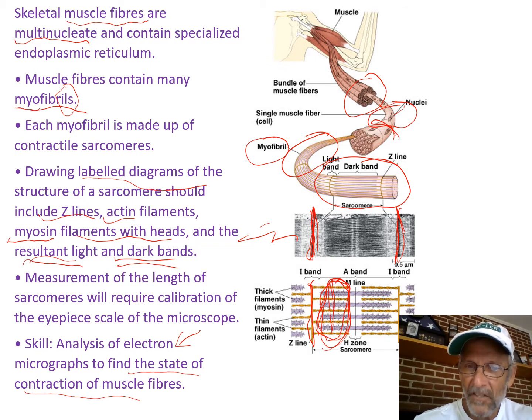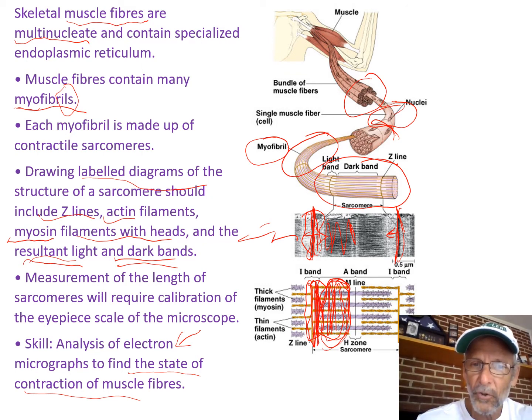Where you have both myosin and actin in the same place, that makes them look dark, right? If you only have a place where there's only actins on either side of the Z line, that makes them look light. What we're going to see is in a contracted muscle cell, the light space kind of disappears as these Z lines get pulled closer to each other. The light space kind of disappears and the Z line is right up next to the myosin.